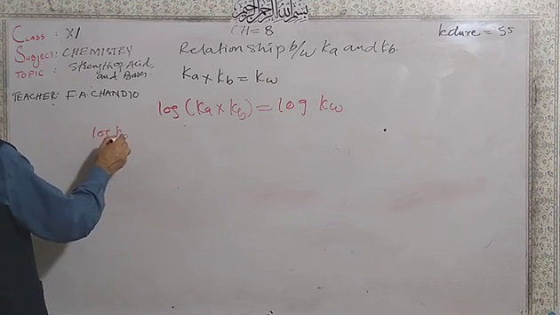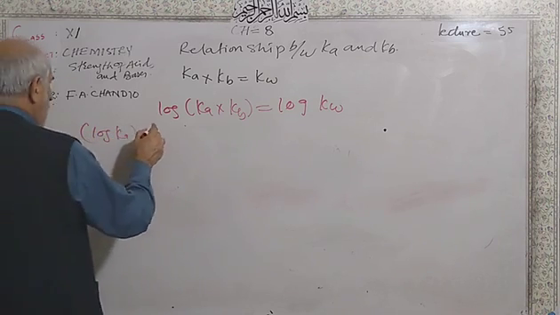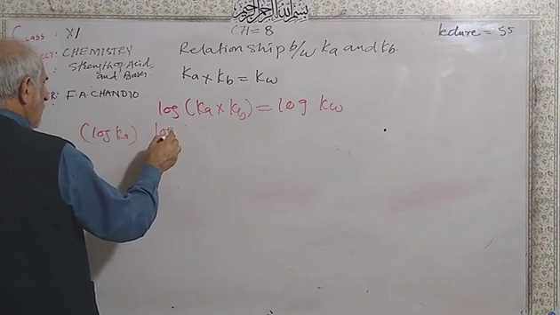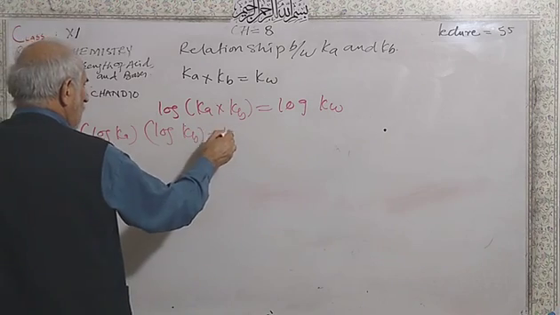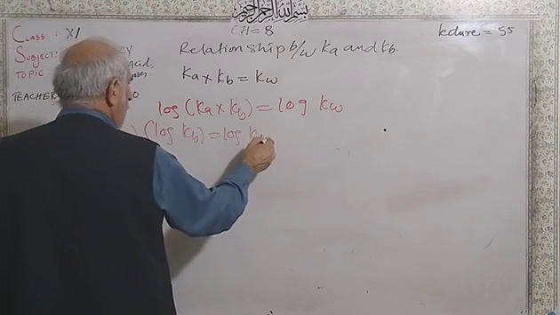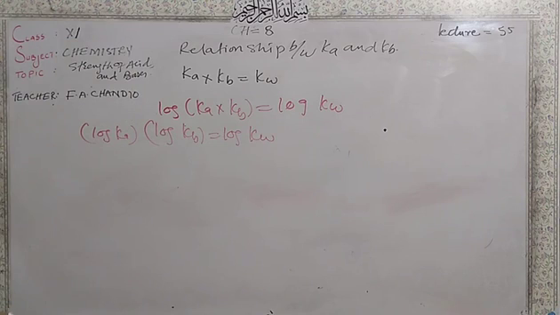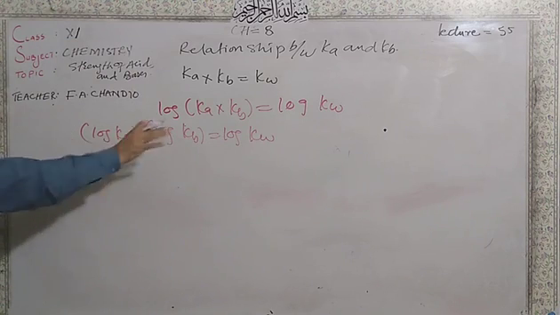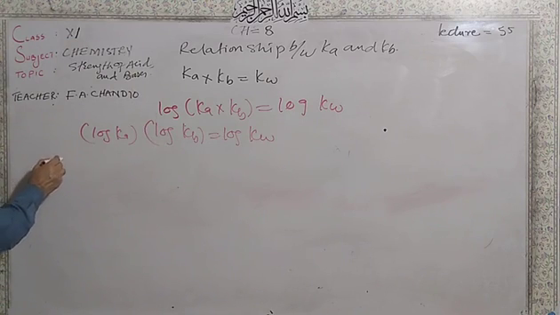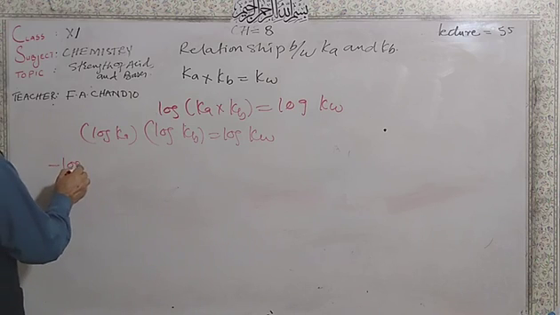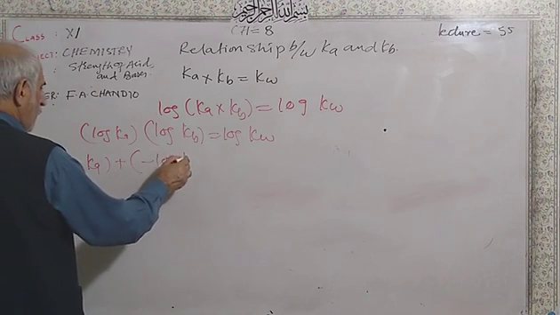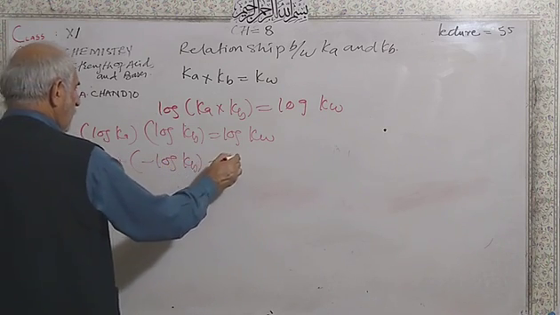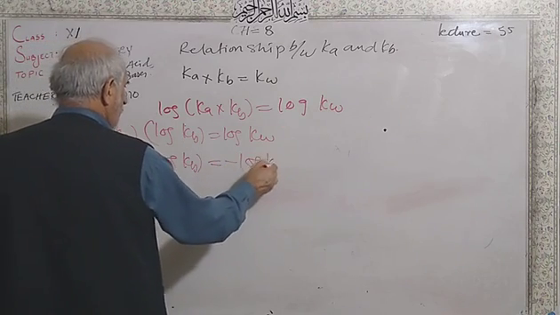Logarithm of Ka plus logarithm of Kb equals logarithm of Kw. After taking the log, multiply by a negative sign on both sides. So this will be negative logarithm of Ka plus negative logarithm of Kb equal to negative logarithm of Kw.